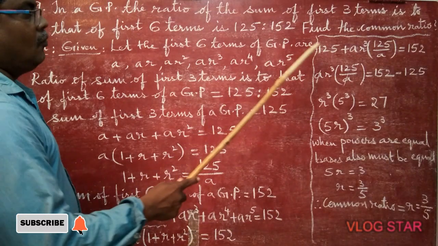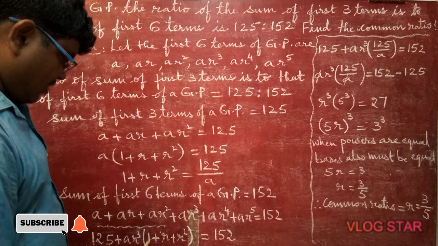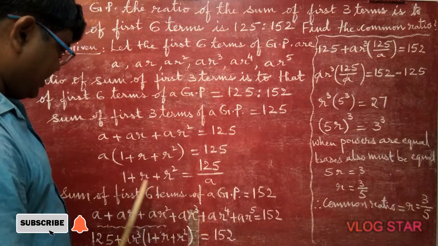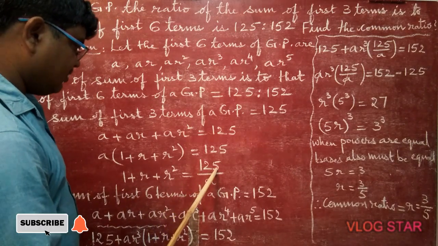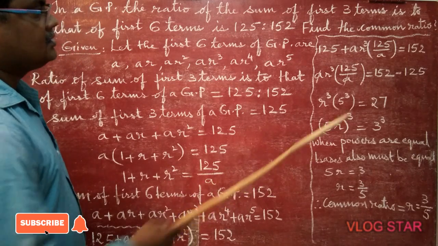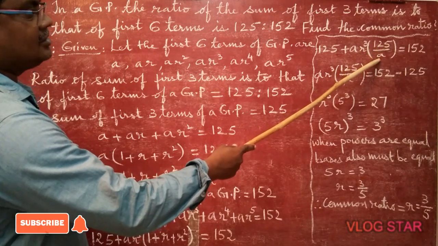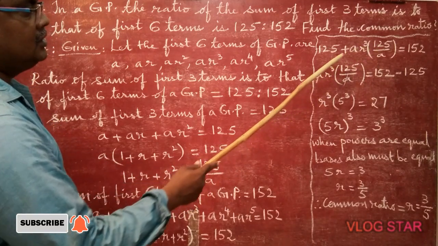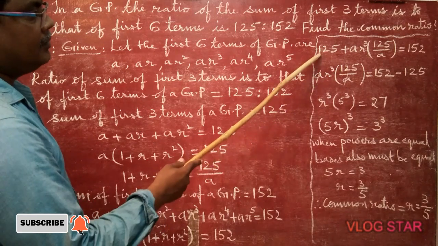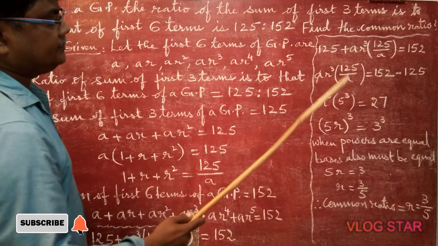Now 125 plus AR cube, in the place of 1 plus R plus R square we got the value 125 by A. So substitute that. Now the next step, take this 125 from left to right.